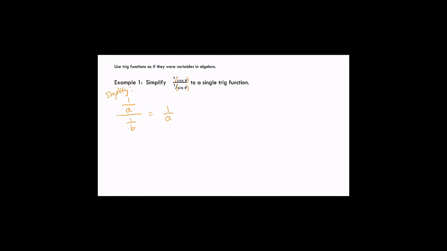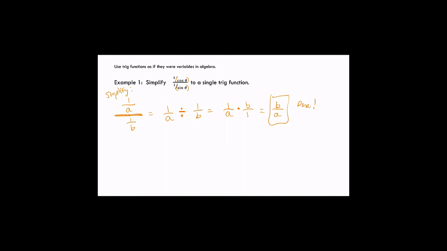So 1 over a is a fraction. That big divide line here is a division. And then I write the bottom. Okay, so this becomes 1 over a times, so division becomes multiply by the reciprocal. And finally, you multiply across the top and you multiply across the bottom. And in algebra, this would be most simplified.